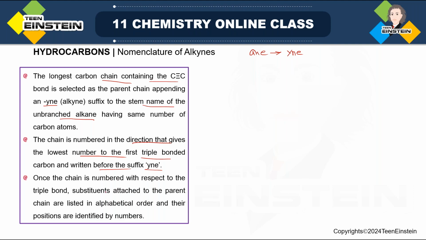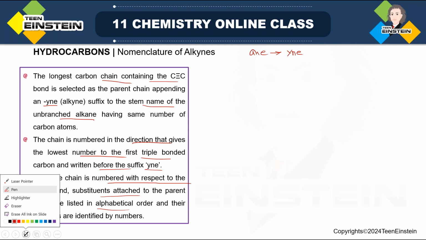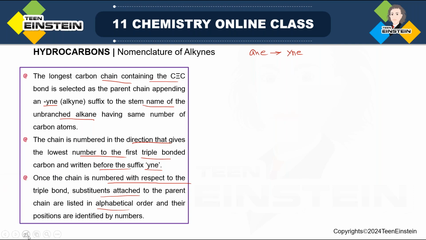And once the chain is numbered with respect to the triple bond, next you can consider the substituents attached to the parent chain, and they should be listed in alphabetical order. So suppose you have methyl and you have ethyl. Ethyl you will put first because it starts with E, and methyl starts with M. E comes before M. Their positions are identified by numbers.